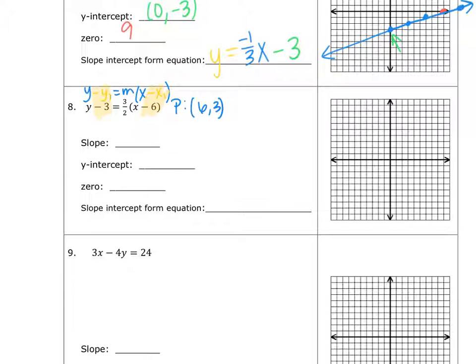So I'm going to plot the point (6, 3). My slope of 3/2 was given to me, so I can go up 3, right 2. I can also go down 3, left 2. Down 3, left 2.